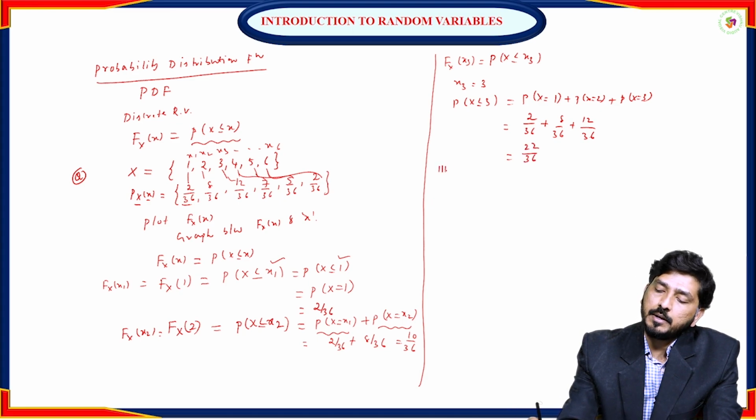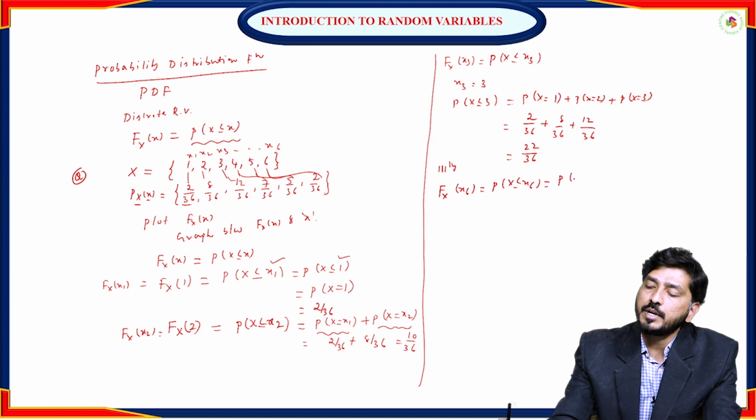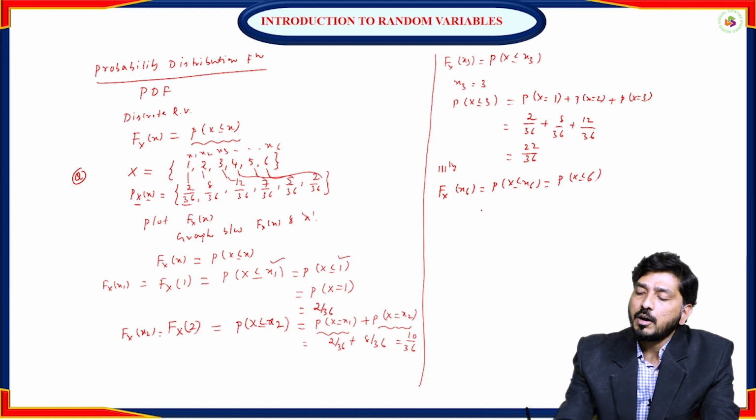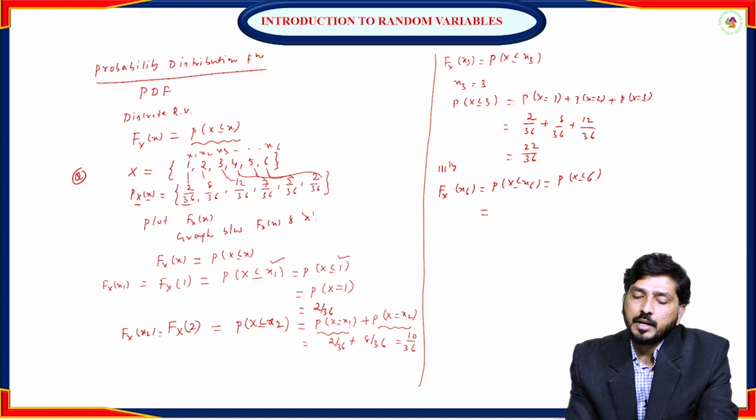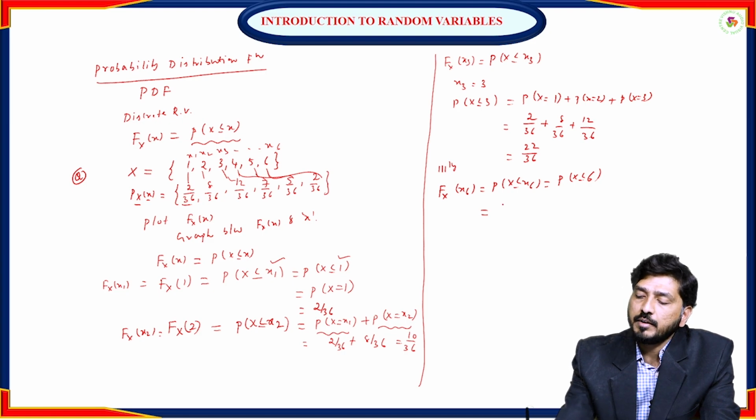Similarly, the final value F_X of x6 is equal to probability X less than or equal to x6, which is probability X less than or equal to 6. If you add all the probabilities from x1 up to x6, it will be 36 by 36, and the value is 1.